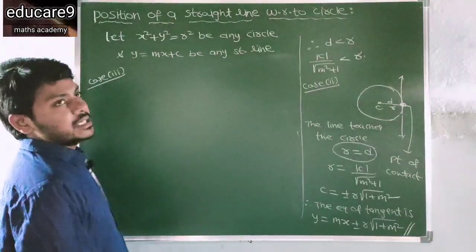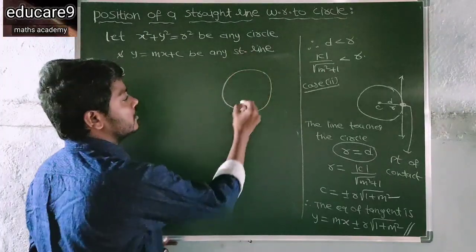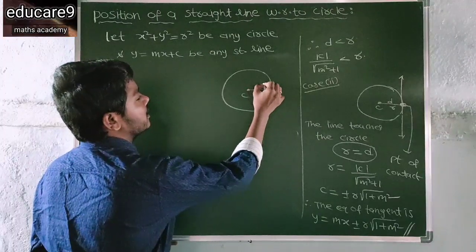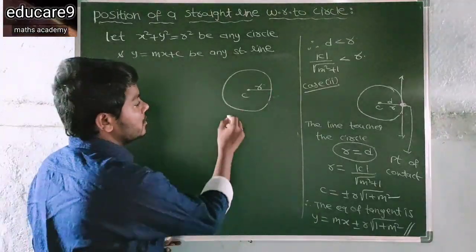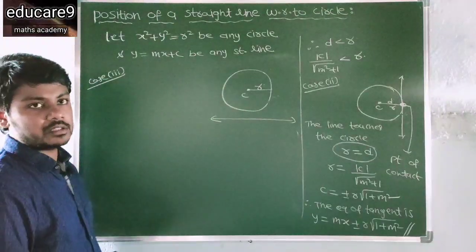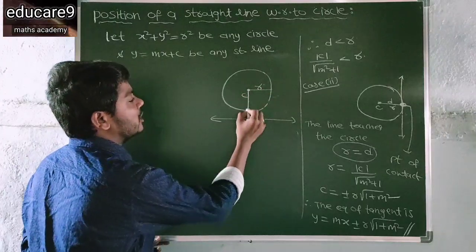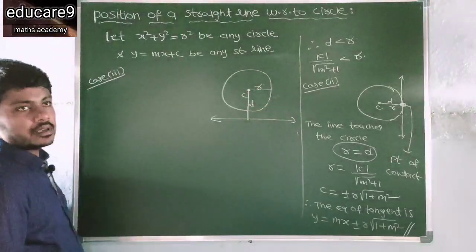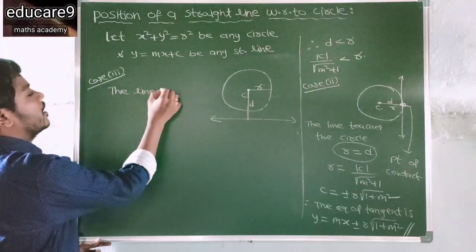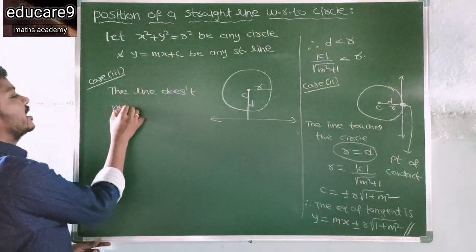So see the third case. This is the given circle. This is the center of the circle and this is the radius of the circle. Suppose this is the given line, that is y is equal to mx plus c, and the perpendicular distance from center to the line is d. So see here, the line doesn't meet the circle.